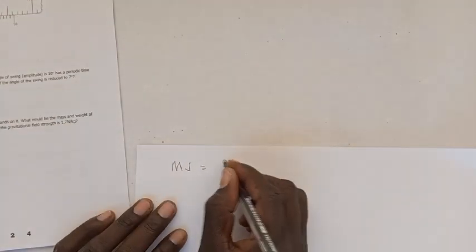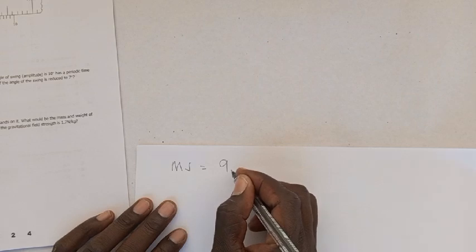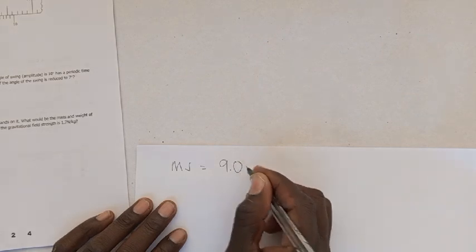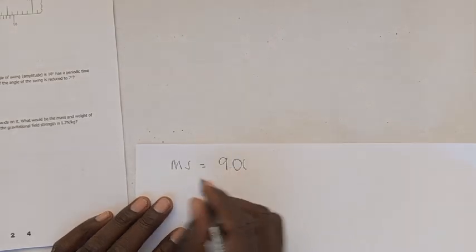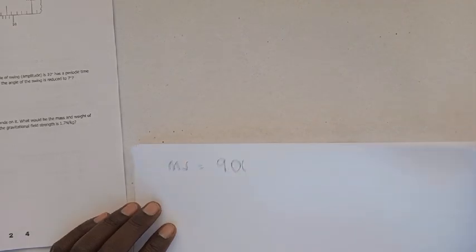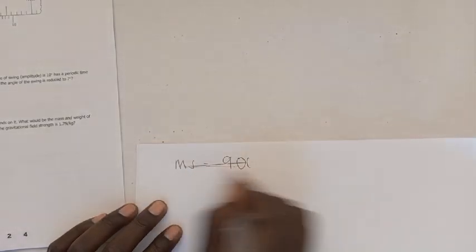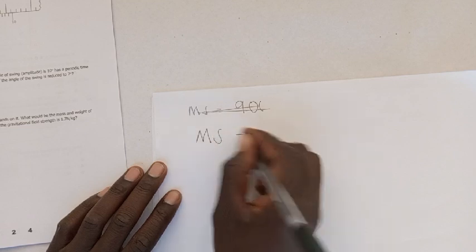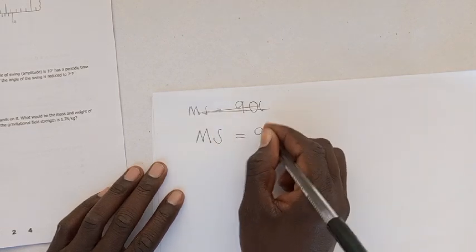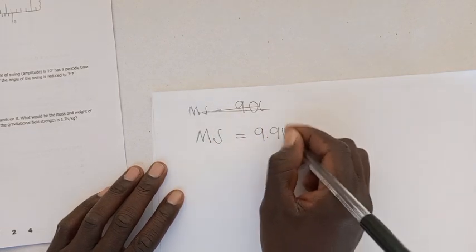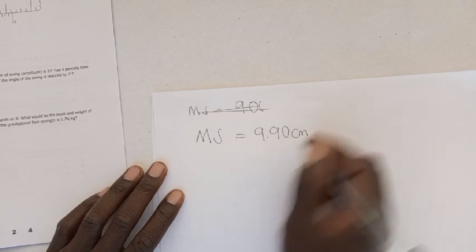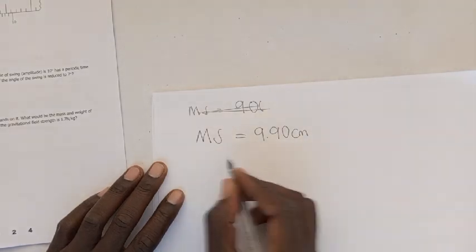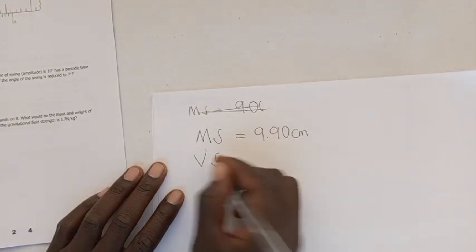So the main scale reading is equal to, excuse me, 9.9, not 9.0, but 9.9. So I'm going to say main scale reading is equal to 9.90 centimeters.